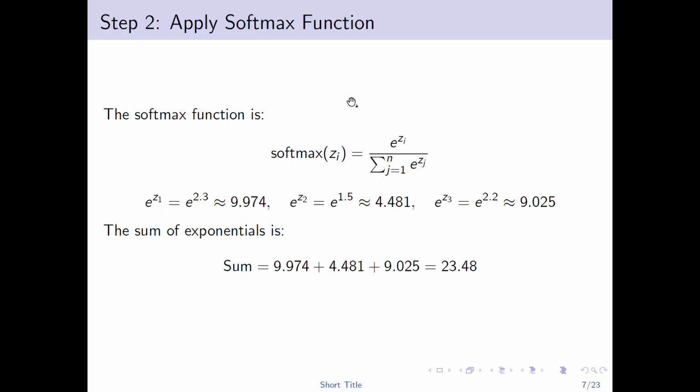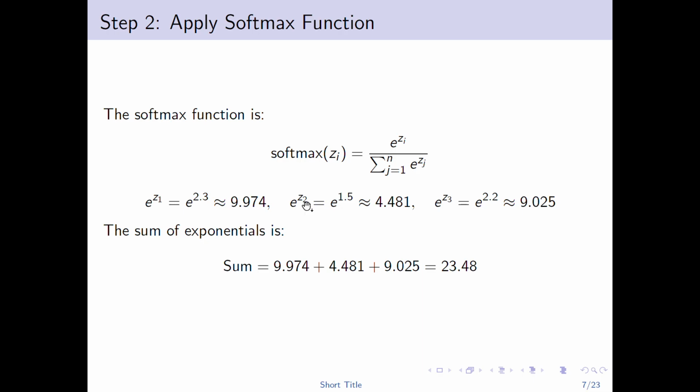Now what is the softmax function? It is e raised to Zi divided by the sum of all the e raised to Zj's. If we have 3 classes, then we have to find the sum of e raised to Zi's. So e raised to Z1, that is e raised to 2.3, is 9.974 approximately.